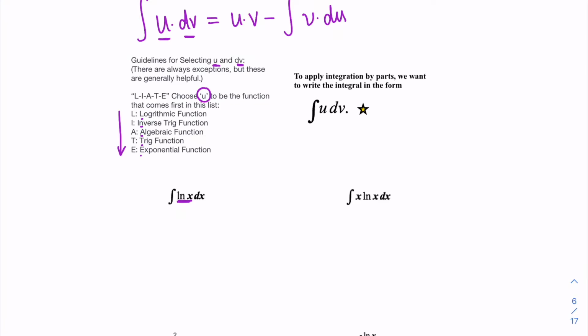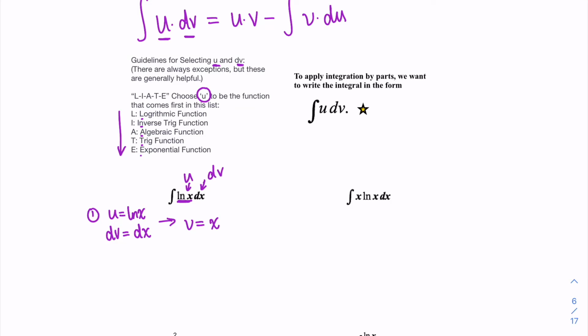So I'm going to show you how to solve example 1. First step, we choose u equals ln of x, so dv will be dx. So this is our u, this is our dv. From here, we solve v equals x.